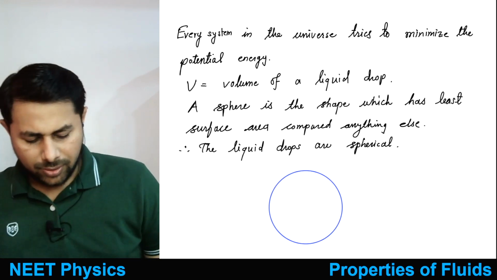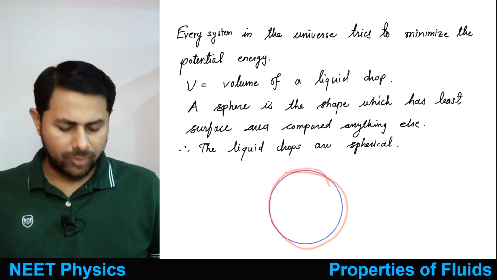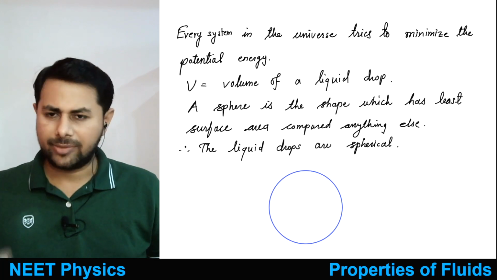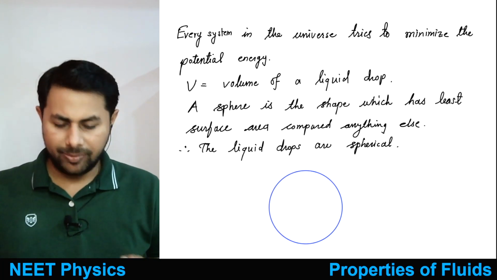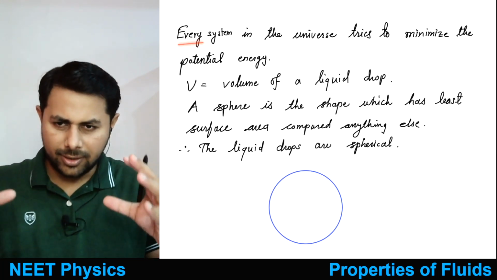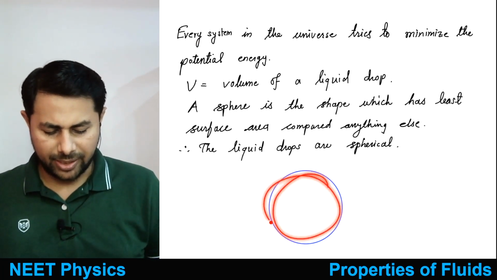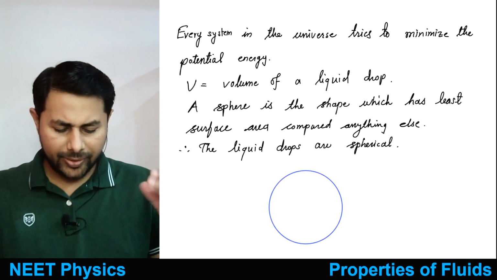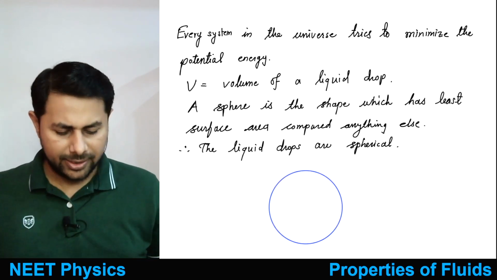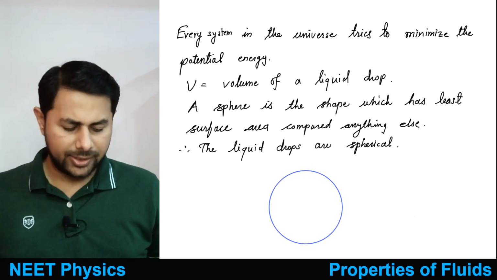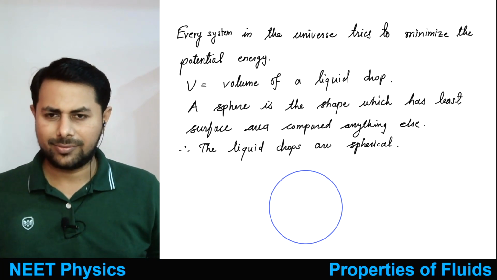right? So why are drops of liquid spherical? The reason is the liquid wants to minimize the potential energy, and the sphere is a shape which will have the least surface area, and least surface area means the least surface energy.